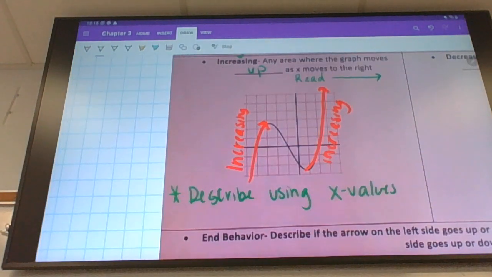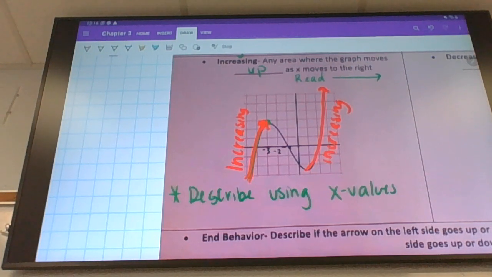So it's increasing over here. I'm gonna stay with red. What x value is that? This is -1, -2, -3.